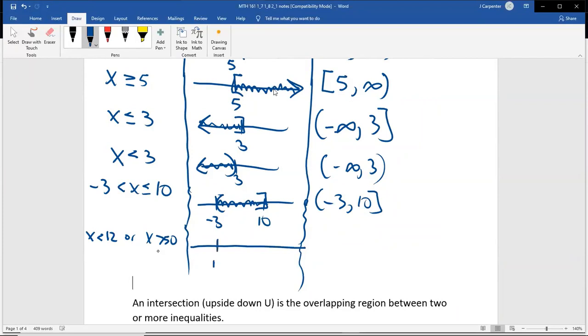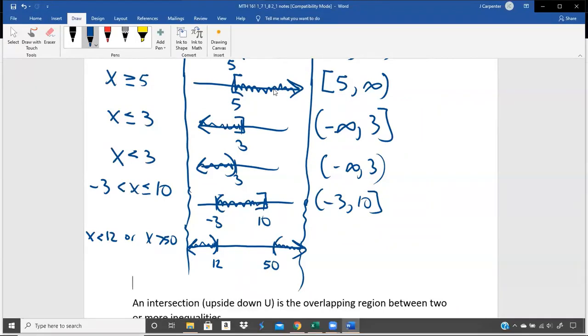So the numbers I need up here are 12 and 50, and I have to put them this way. The first one says x is less than 12, which is our solution going left. The other one says x is bigger than 50, so this is the solution with an arrow going right. Both of them have parentheses because neither had an or equals.